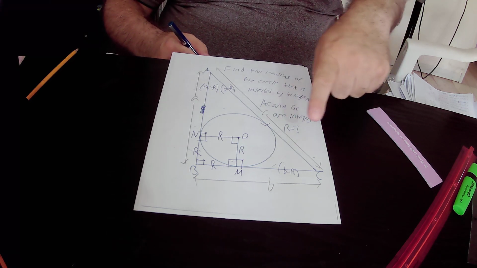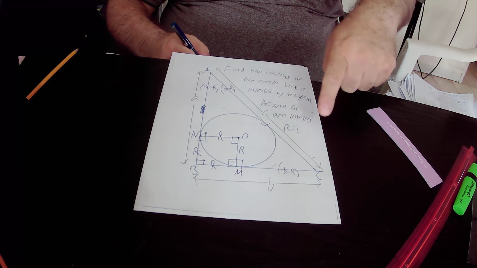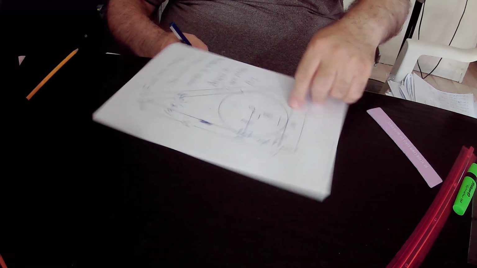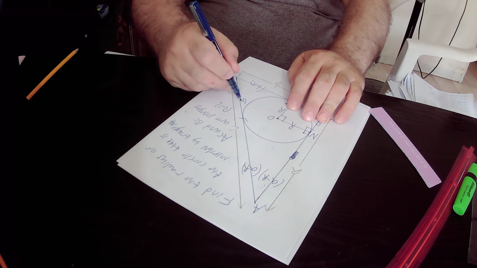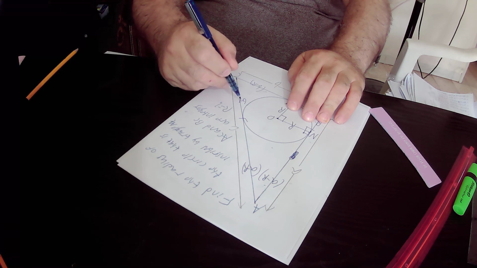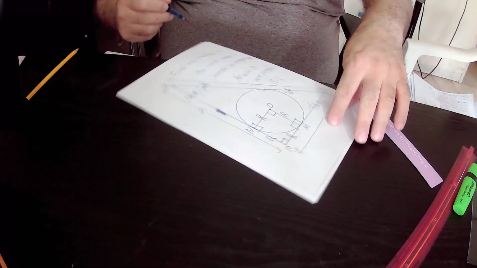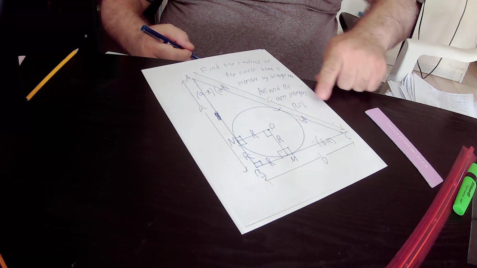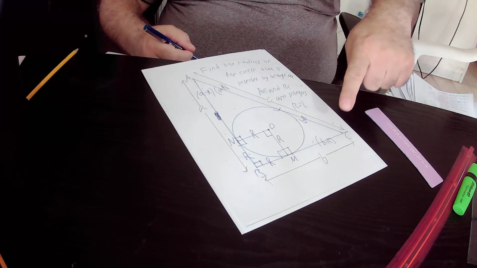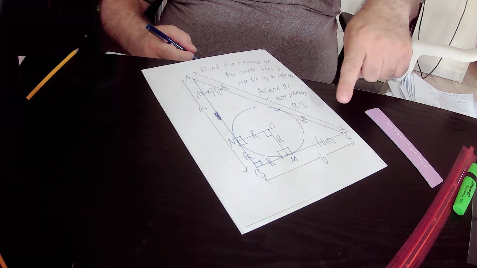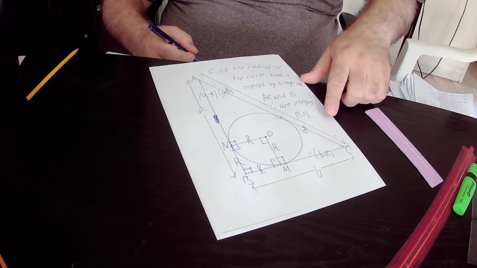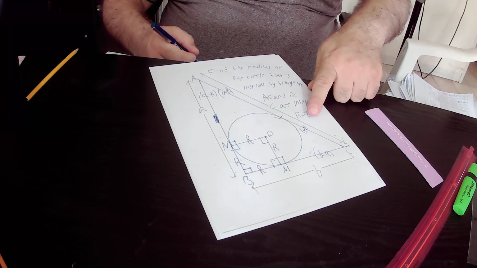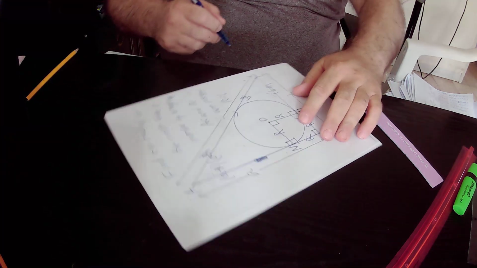But CM equals B minus R, therefore CL, that is equal to CM, must also be equal to B minus R.